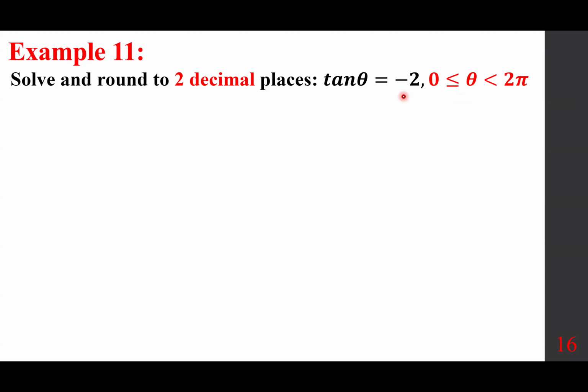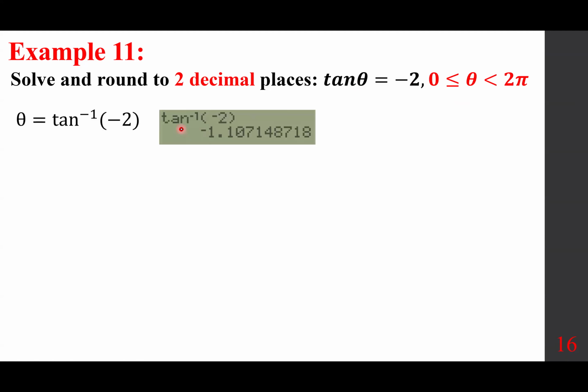It's not a common arc, so theta must be tan inverse of -2. Tan inverse of -2, you put that into a calculator. And the calculator gives you, if you want to go with 2 decimals, 1.1 and 0 next to this 7 goes up.